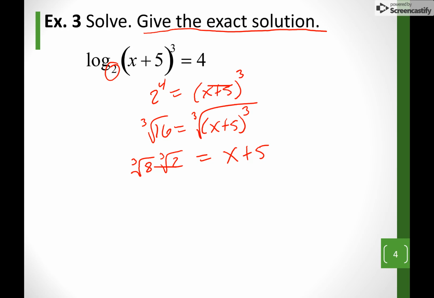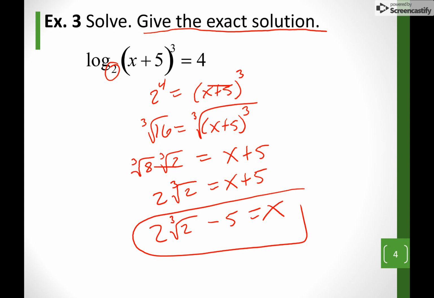So I have that 2 times the cube root of 2 is equal to x plus 5. So I'm going to say that 2 times the cube root of 2 minus 5 is equal to x. Notice that for my last step, I brought my plus 5 to the left. That's a minus 5.